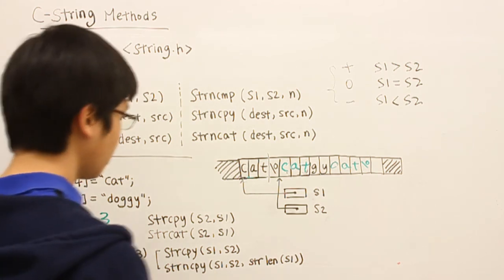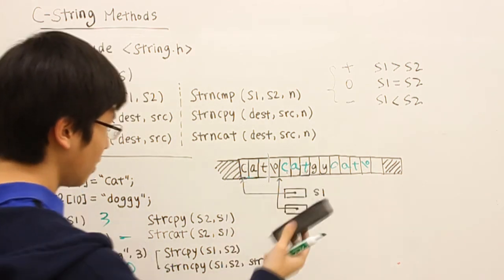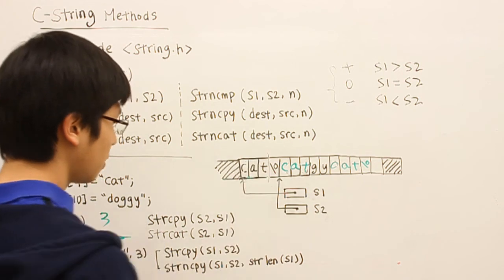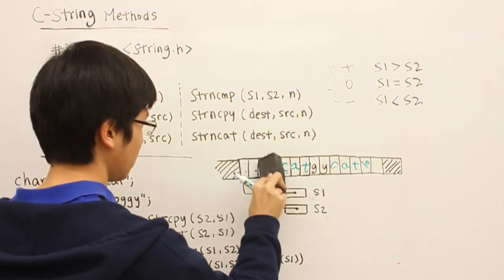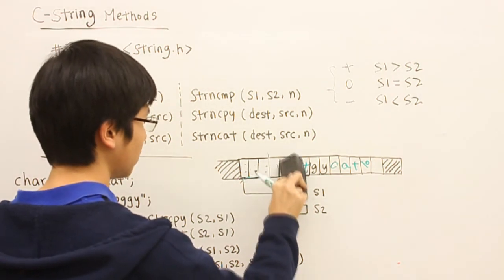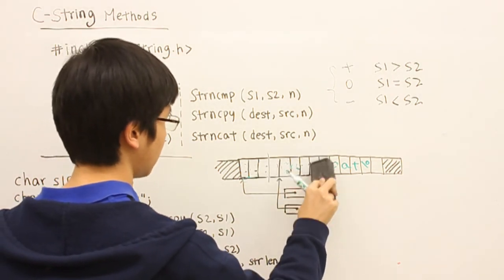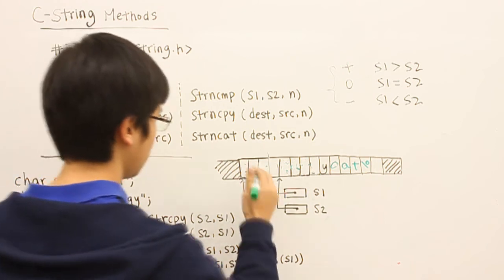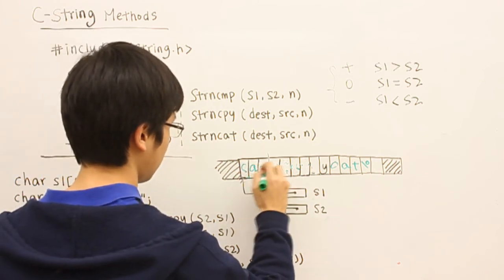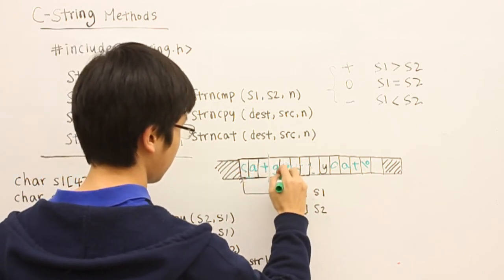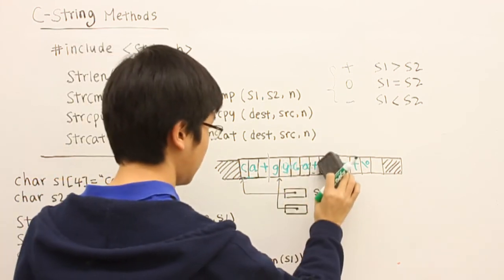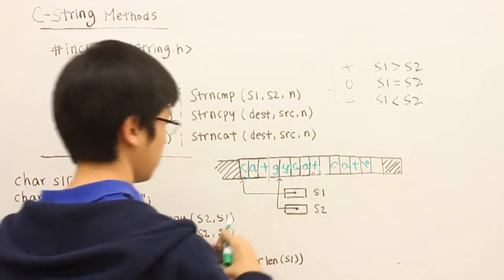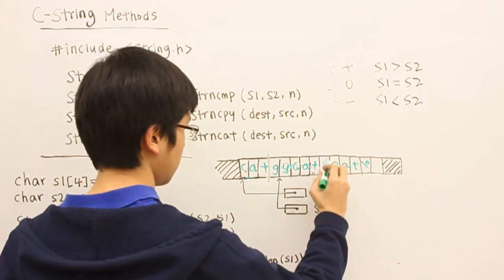It will simply replace everything with what we gave it. So what happens is we're going to ignore the boundary between these strings, and we're going to put cat, gy, cat, and then a null character. So that's what happens.